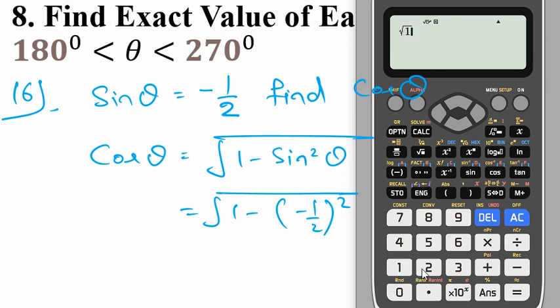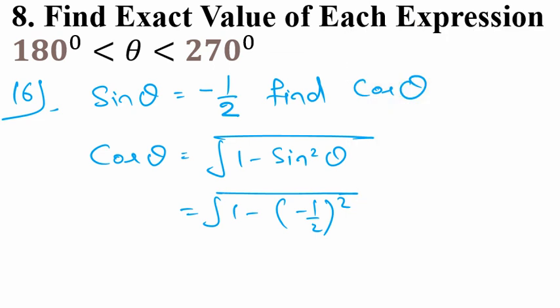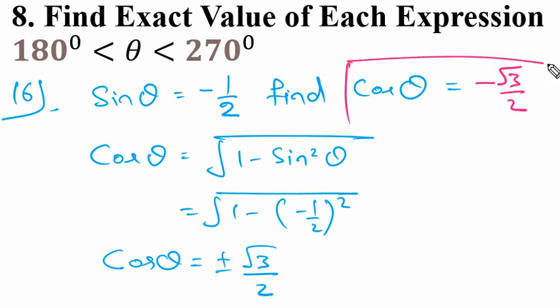Square root of 1 minus brackets negative 1, squared, and we are getting square root 3 over 2. So cos theta is equal to plus minus square root 3 over 2, and as I said again, we will take only the negative answer because of the third quadrant. Only if tan is there, then it is positive.